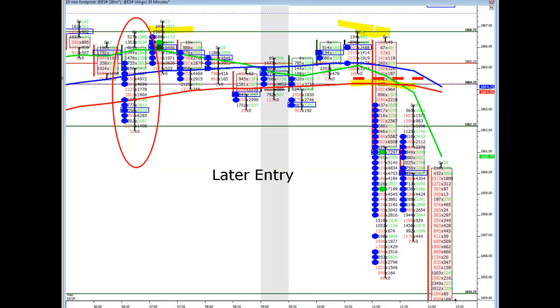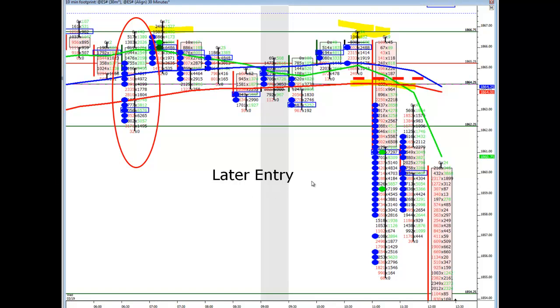This one I would have felt far more comfortable taking than this one here. But eventually both of them panned out, and any short that you would have taken based on the bias that you developed from your analysis would have been fruitful, useful, and would have produced positive results for you in terms of a short trade.